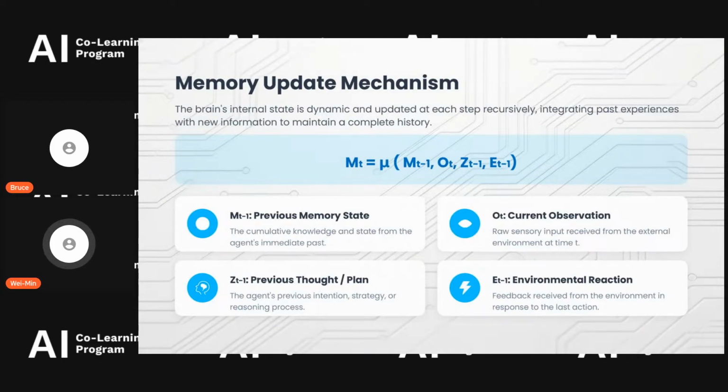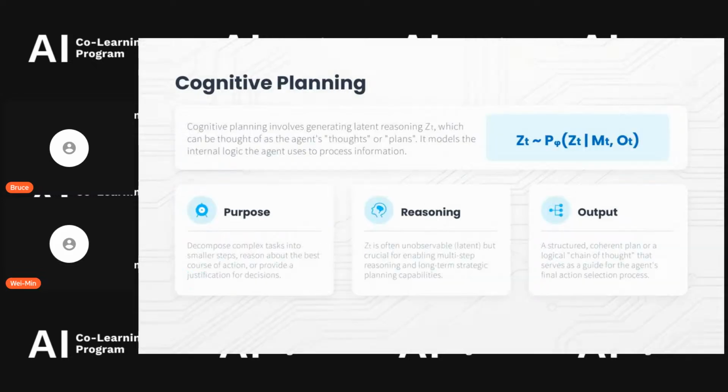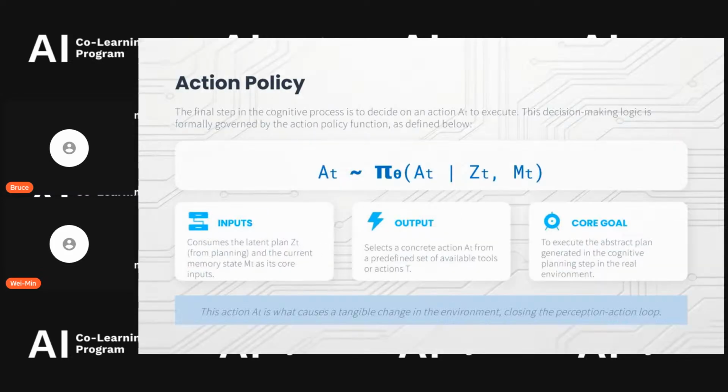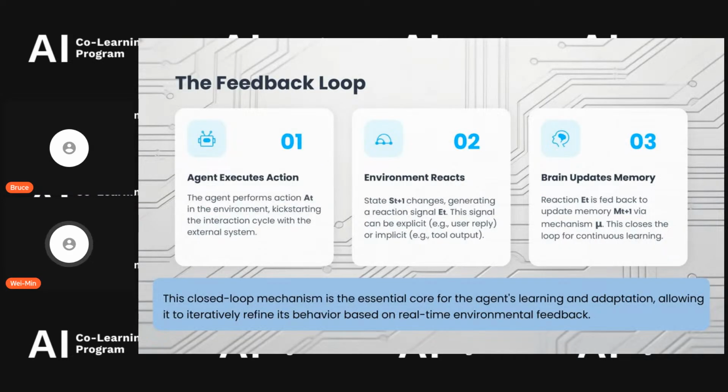So the three components form a feedback loop. You start from the agent executing an action to interact with the environment, which kickstarts the interaction cycle with the external system.